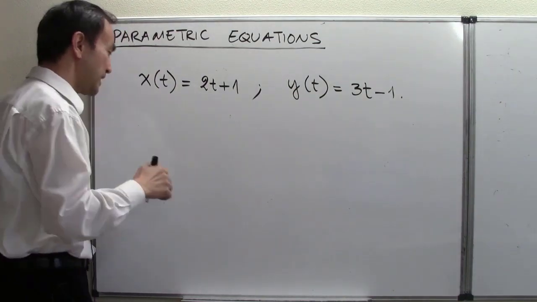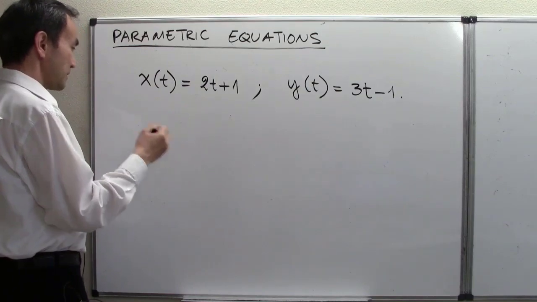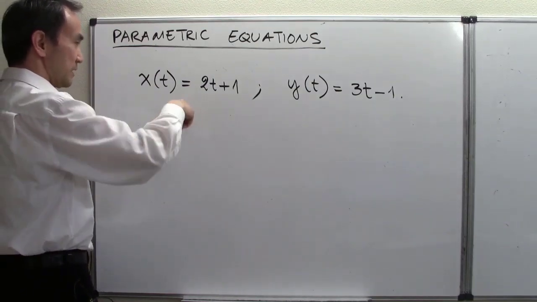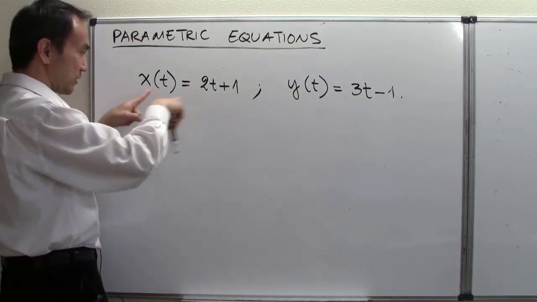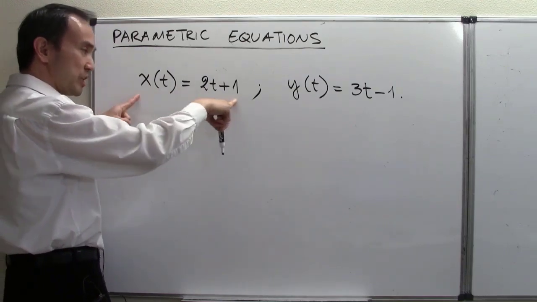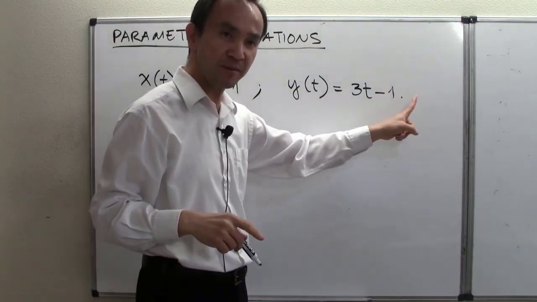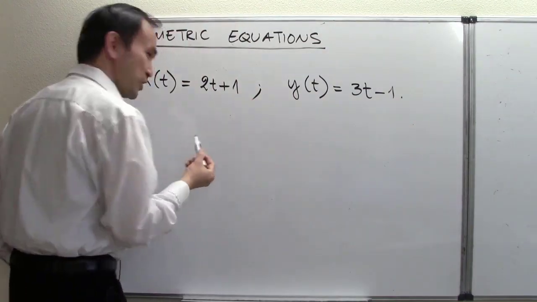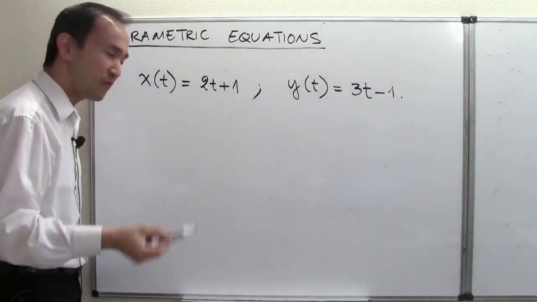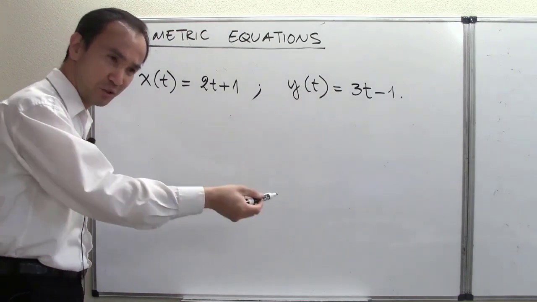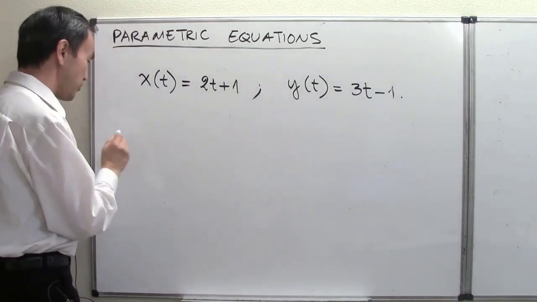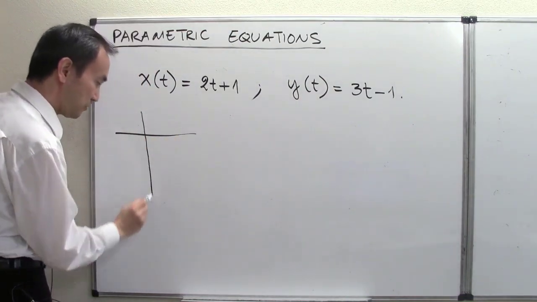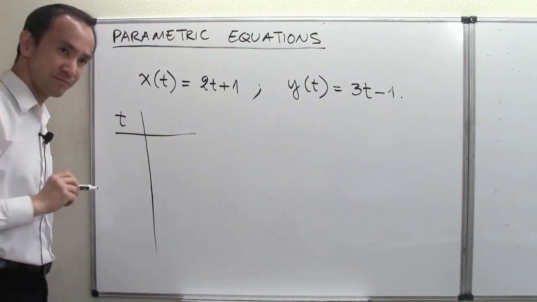Okay, and so now this is what I can see right here. The idea now is that we have x equals 2t plus 1, this is one equation, and y equals 3t minus 1. These are obviously two equations. Let's do a common table of values. In our usual understanding, the input variable is the t variable.